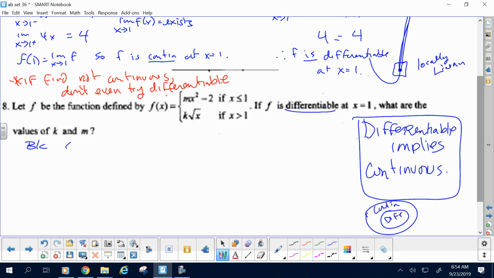Because this is continuous, we can imply that the limit as x goes to 1 from the left of the function, not of the derivative, of the function, must equal the limit as x approaches 1 from the right of the function. In other words, the branches have to meet there. All right?